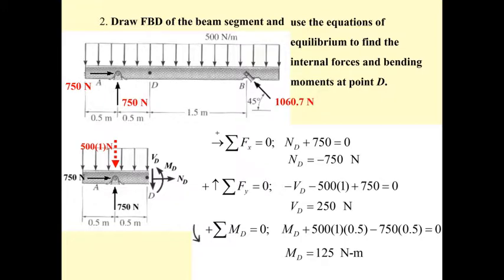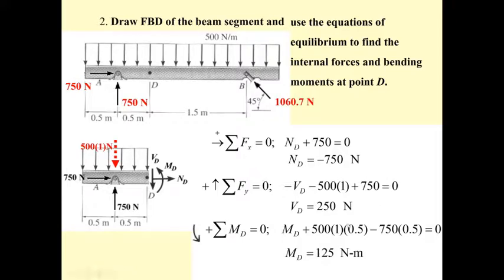At this point, you may recall from mechanics of materials. You may use the knowledge from chapter 1 of mechanics of materials to find the normal stress due to the normal force. This is determined by sigma equal to N sub D divided by A. The shear force will produce the transverse shear stress.